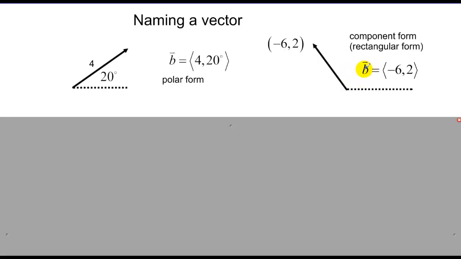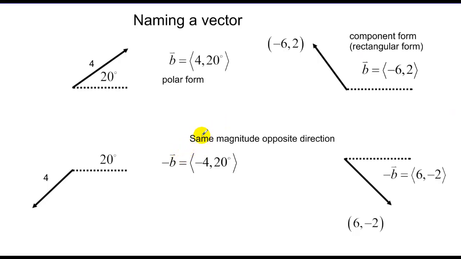Also we have the variable with the little hat on top of it. Vectors in the same magnitude but opposite direction can be written as having negative radii, and we also did this when we were graphing our polar coordinates. So if I have a negative vector, negative b, we just say that's the same as negative 4 and 20 degrees.